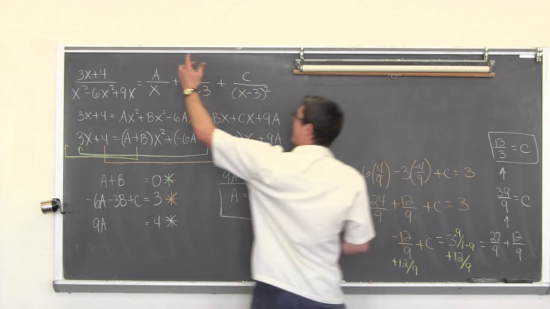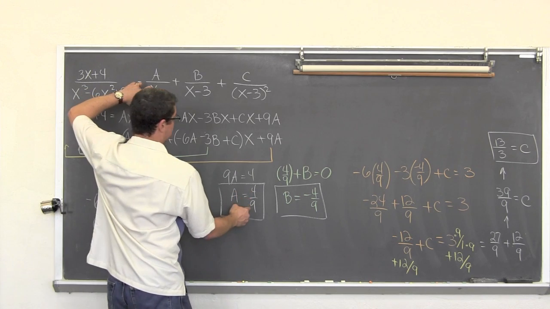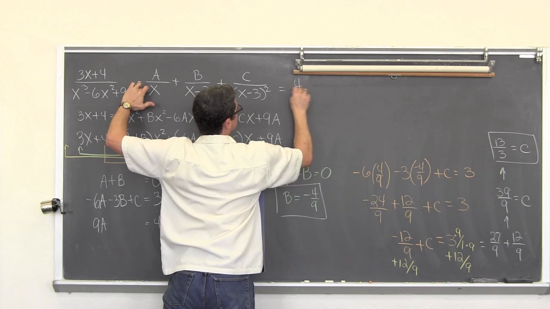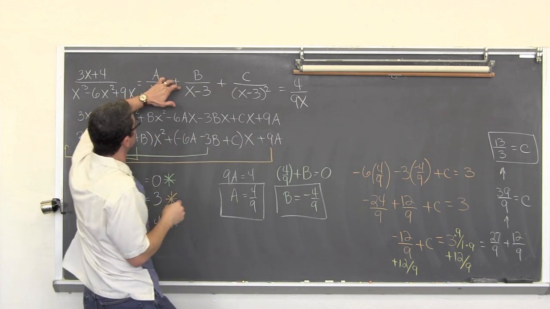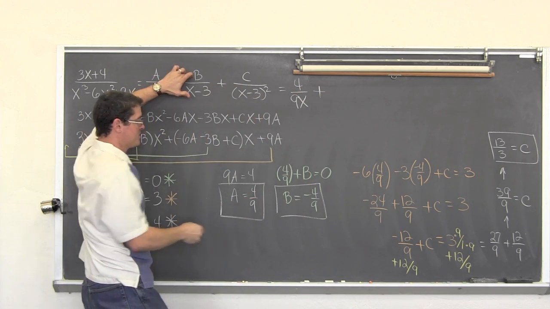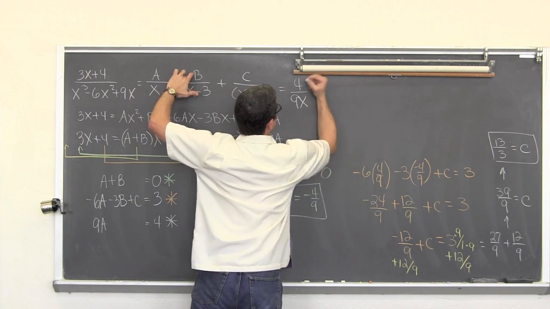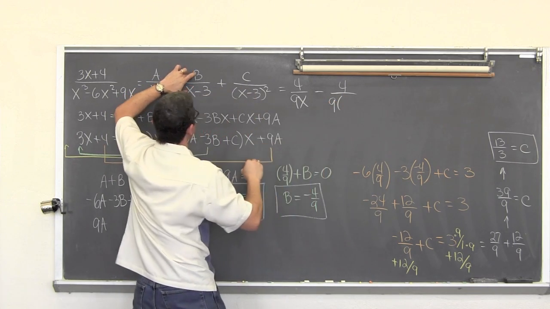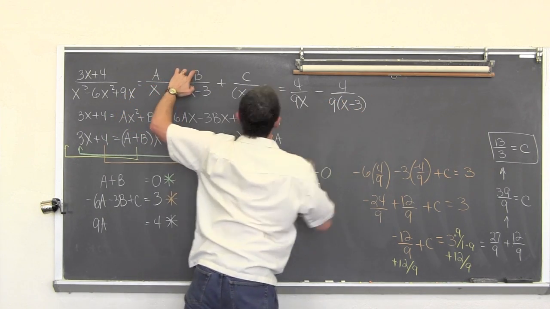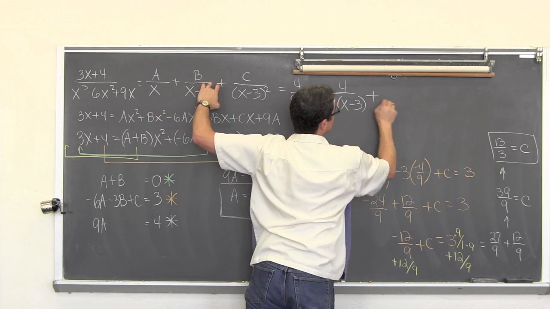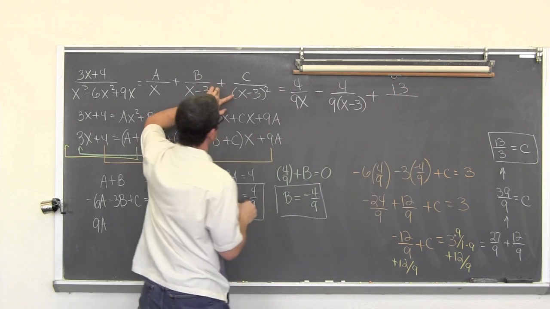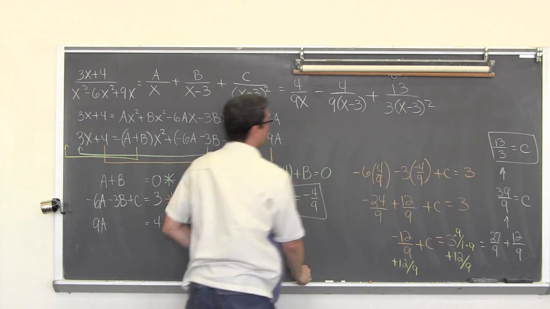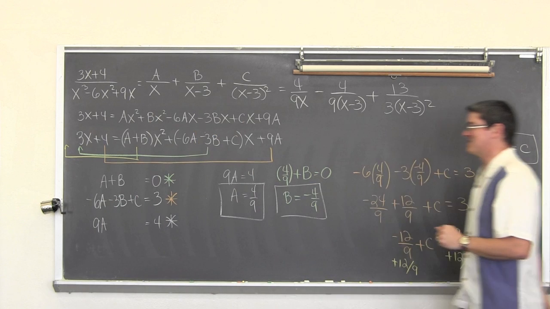So we have A, which is 4/9, so this is equal to 4/9 over x, plus B, which is negative 4/9, so plus or minus 4/9 times x minus 3, plus C, which is 13/3 times x minus 3 squared. So, bam! Example 2 is done.